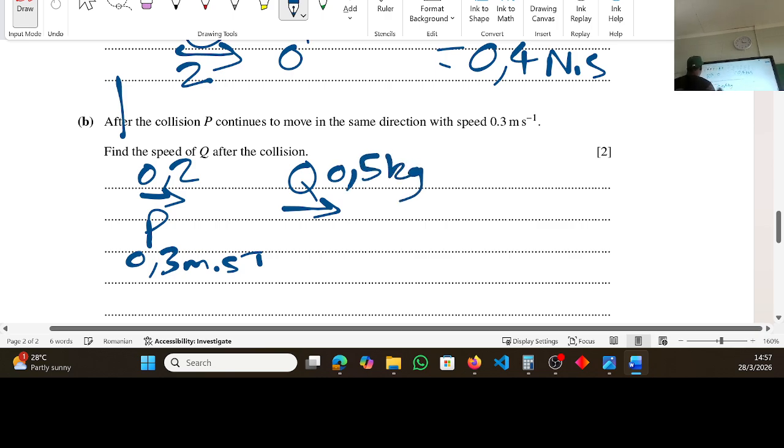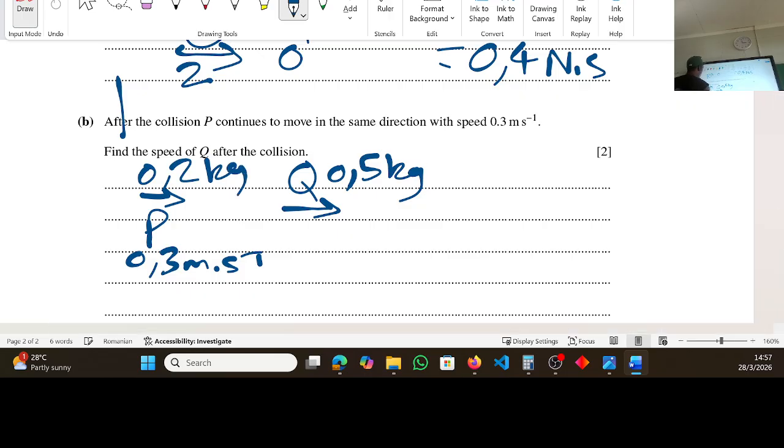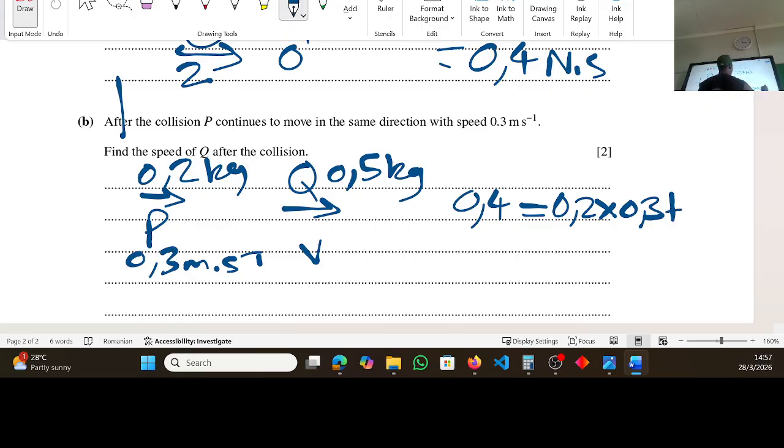So we know before collision, the total momentum was 0.4 because Q was stationary. So everything was 0.4 before collision. Then after collision, we have 0.2 multiplied by 0.3, and there is 0.5V.